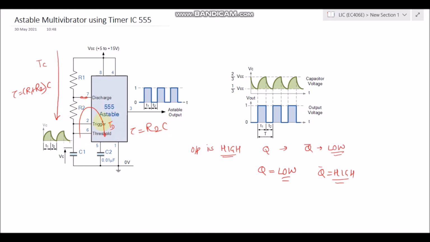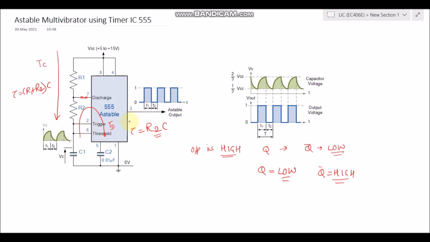Now during the discharging time, R1 is not coming in, but only R2. And the capacitor voltage is decreasing because it is connected to ground, we can say. As the capacitor voltage goes below 1/3 of VCC, the voltage at pin 2, the trigger, goes below 1/3 of VCC, and the lower comparator, which is connected to the set of the flip-flop, will turn on.